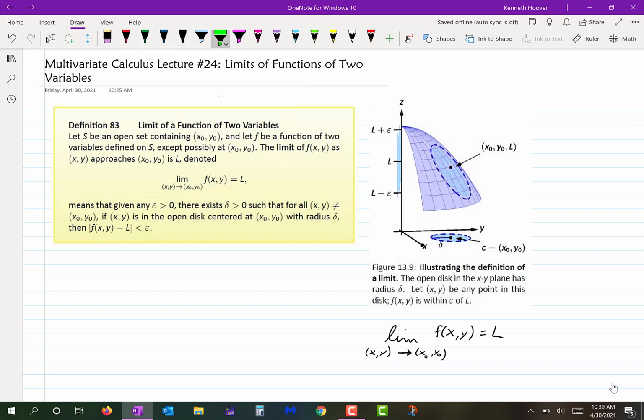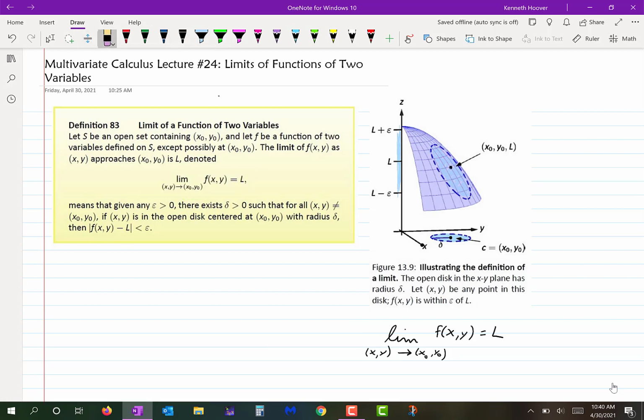Okay, let S be an open set containing x naught, y naught, and f be a function of two variables defined on S. Okay, so S is like your domain, more or less. Okay, the limit of f of xy as xy approaches x naught, y naught is denoted this way. That's exactly how I've written it over here.